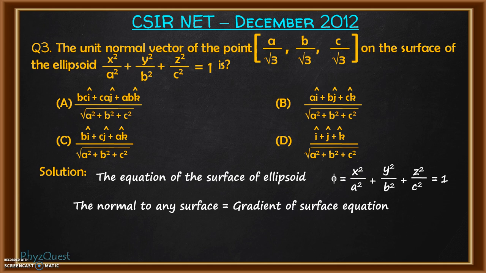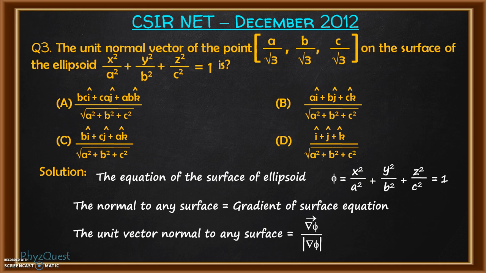The unit normal vector to any surface, as you know, is the given vector divided by its magnitude. Therefore it is gradient of phi divided by magnitude of gradient of phi.